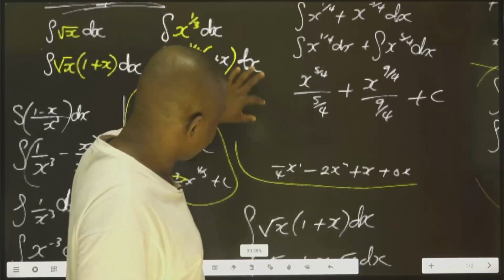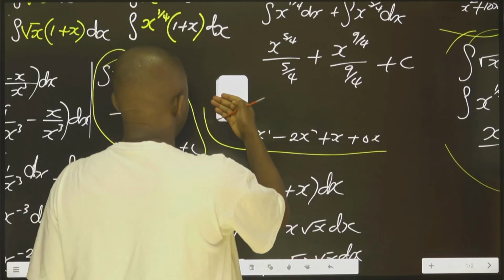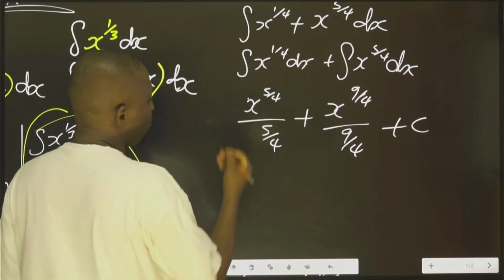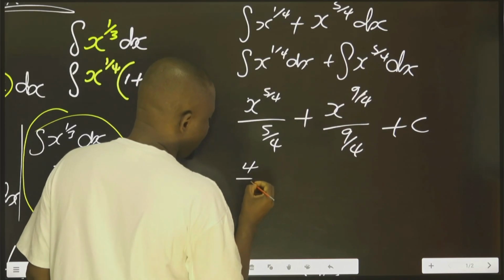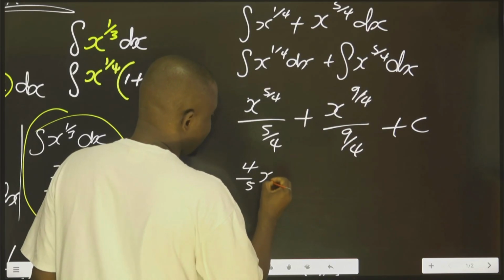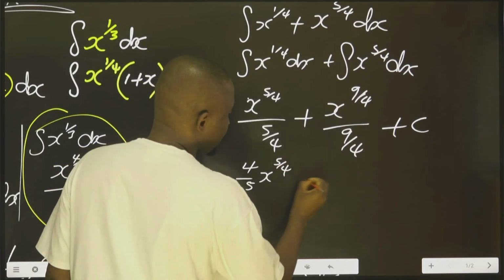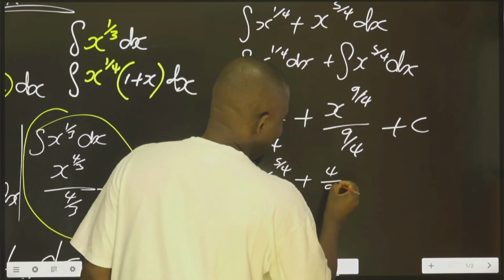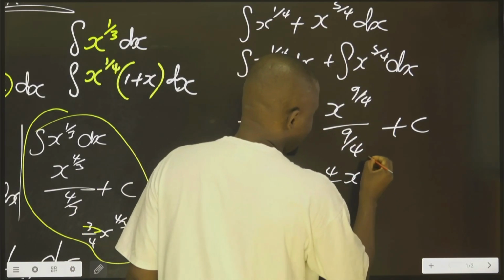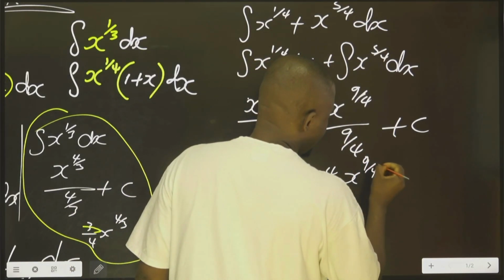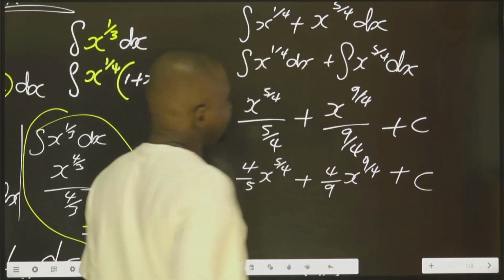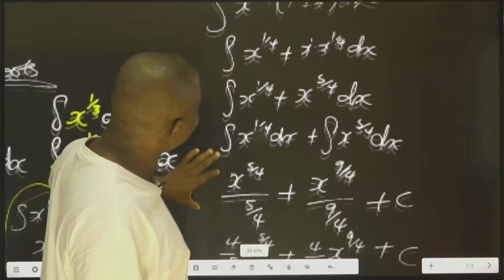Okay? So now, you can say 4 over 5 x to the 5 over 4, plus 4 over 9 x to the 9 over 4, plus C. Okay? Very easy, right?